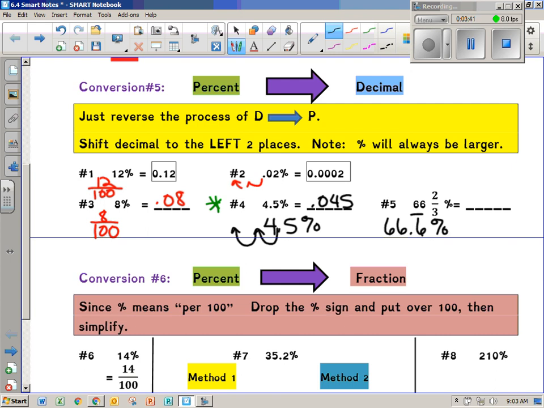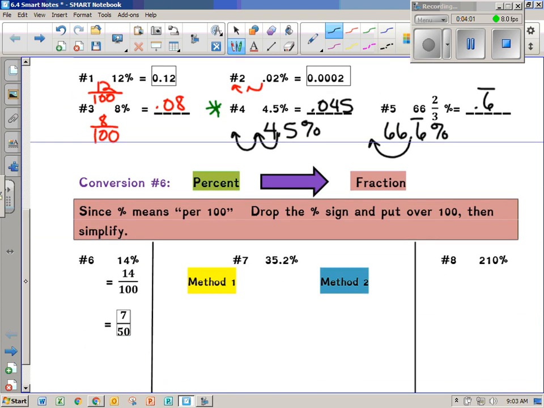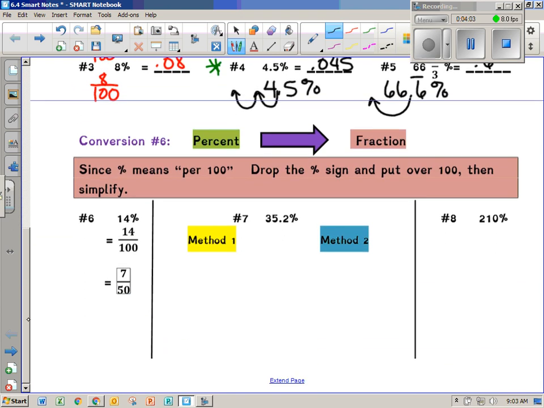If you shift the decimal 2 places back, you get 0.6 repeating. Oh, we're changing it to a decimal, so we would write 0.6 repeating. If I was writing it as a fraction, it would just be 2/3. So if you haven't been memorizing what's on that handout number 2, make sure you're backing up and doing that.